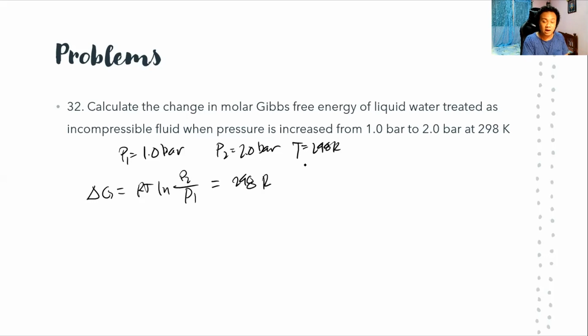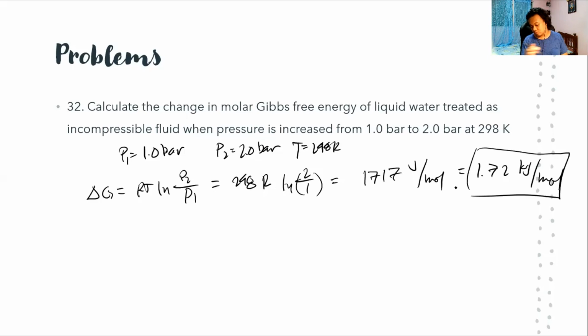Then R, it's actually in your calculator, 8.314, and then ln 2 over 1, P2 over P1. It's 2 over 1, and then we'll get 1,720 joules per mole, or 1.72 kilojoules per mole.